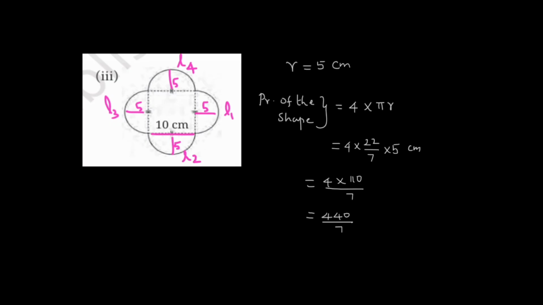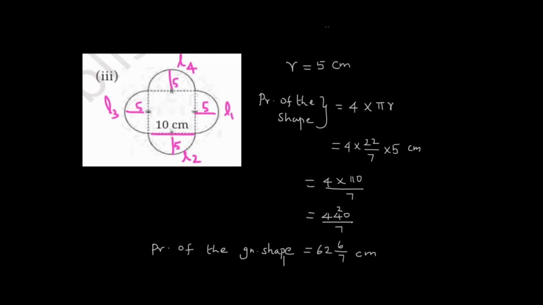When we are dividing this, 6 sevens are 42, remaining 2, 20. Then 2 times 7 is 14, remaining 6 divided by 7. So 62 and 6 by 7 centimeter is nothing but the perimeter of the given shape.